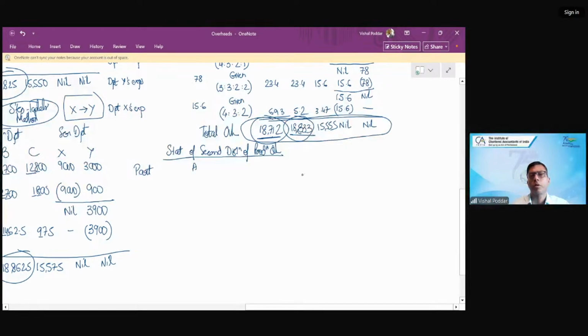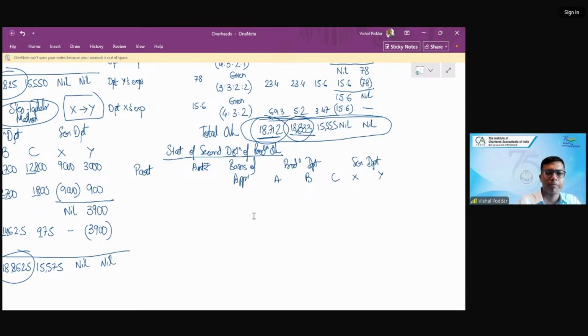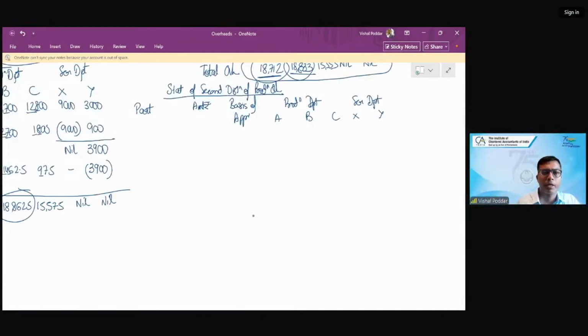Particulars, amount rupees, basis of apportionment, production departments, service departments, as per primary distribution statement.